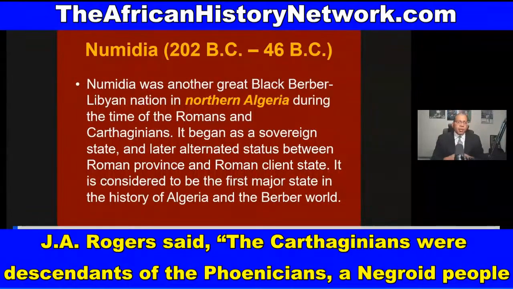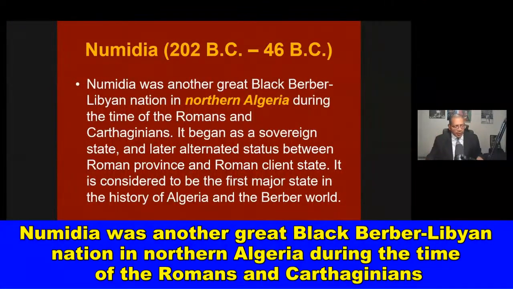Now, Numidia was another great Black Berber Libyan nation in northern Algeria during the time of the Romans and Carthaginians. It began as a sovereign state and later alternated status between a Roman province and a Roman client state.